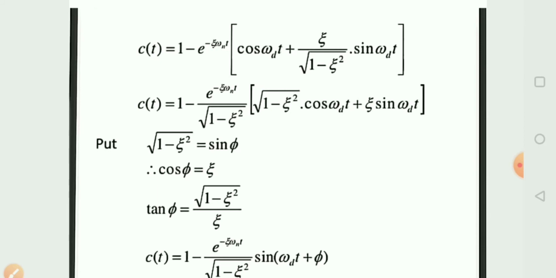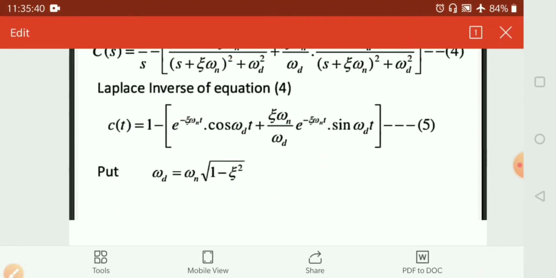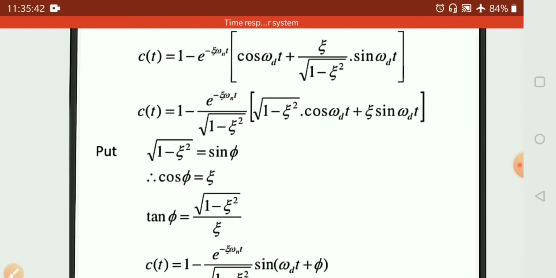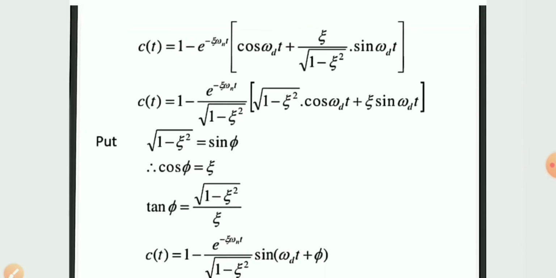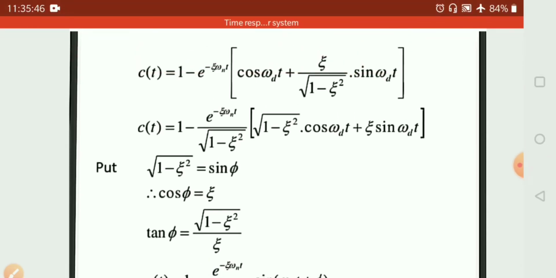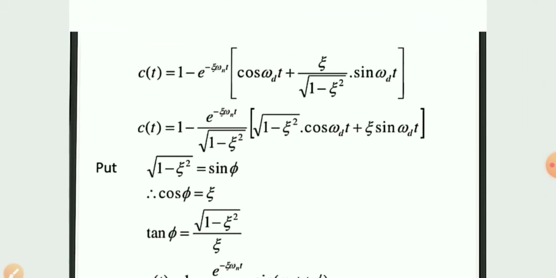Now if we put this value, the equation becomes C(t) equal to 1 minus e^(−ζωn t) into [cos ωd t plus ζ over root of 1 minus ζ² sin ωd t].